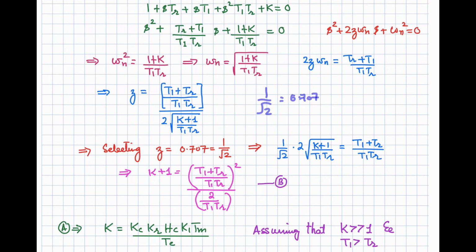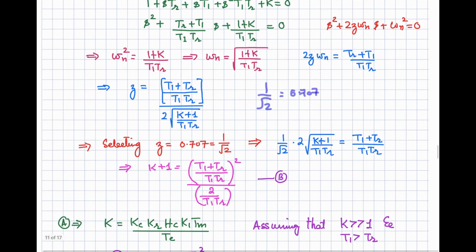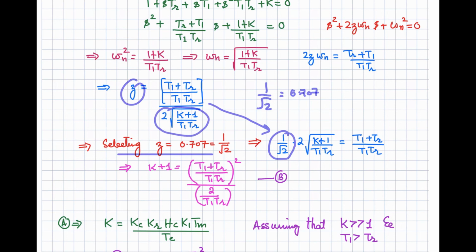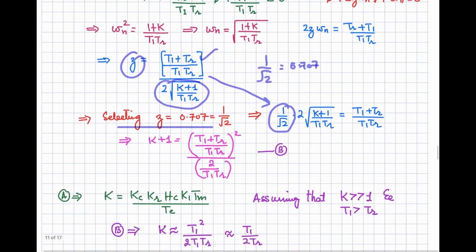If we select zeta equal to 0.707, from this equation we replace 1 by 2 with 1 by under root 2, multiplying with this term, that will be equal to this part. Solving this, we can write it in terms of this expression.